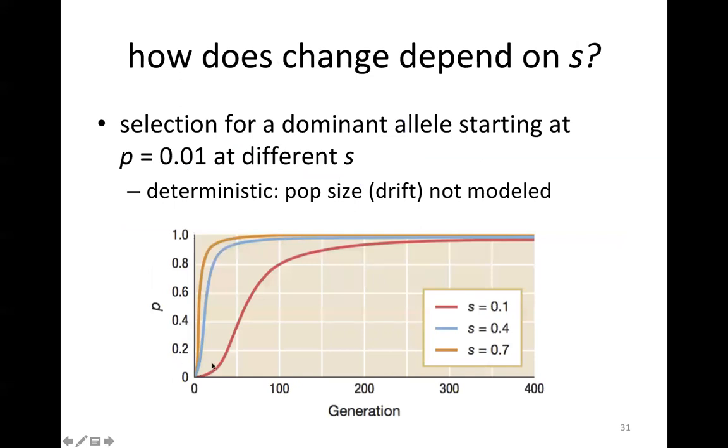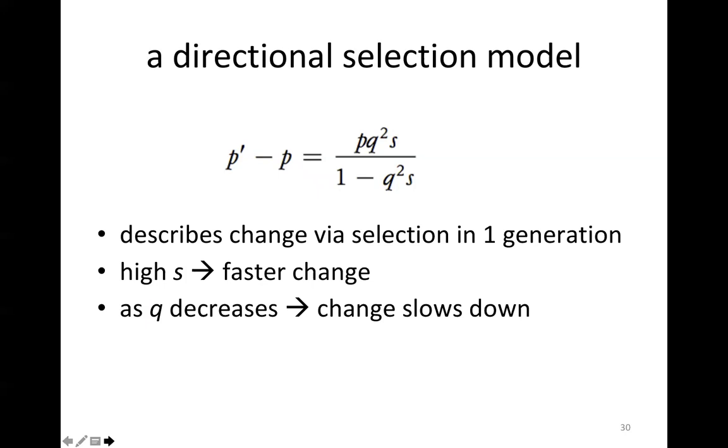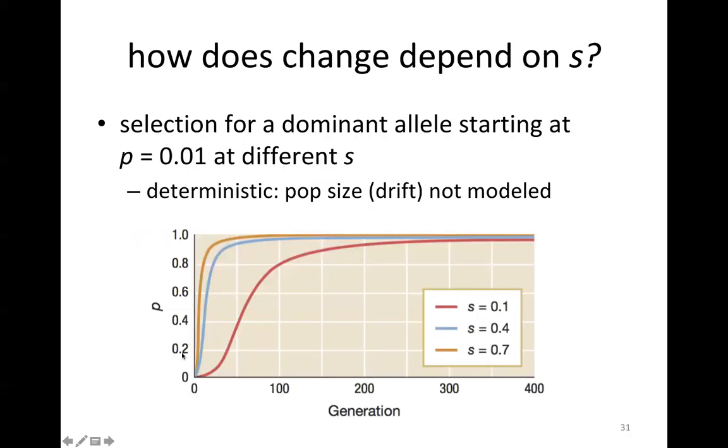And actually, you could also do this in the R environment. You can plot the change in p and update p each time and see how this will come out in the long term across generations.